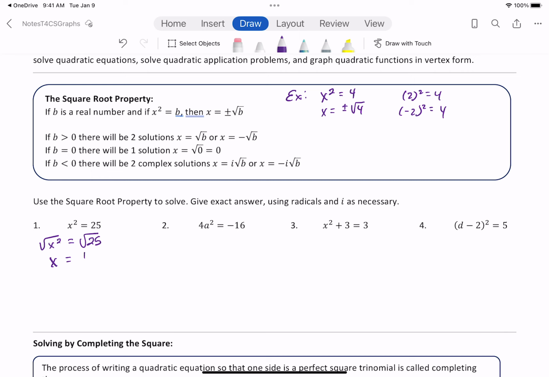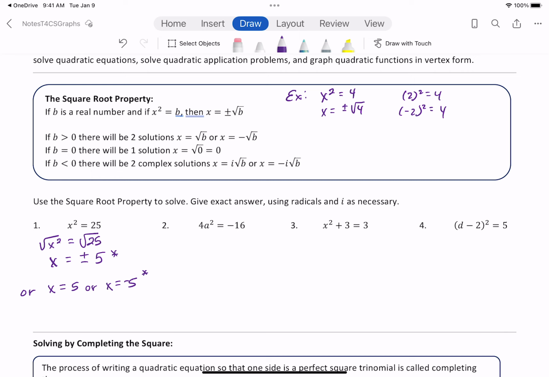We're going to pick up a plus or minus, and we know the square root of 25 is 5. So the solutions to this equation are x equals positive 5 or negative 5. If you want to write both of them out, you can also do that and say x equals 5 or x equals negative 5. I will accept either one of those answers, okay?